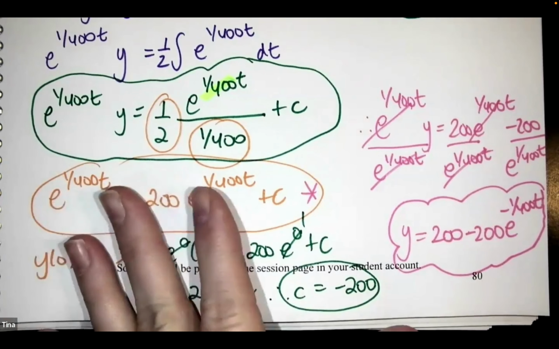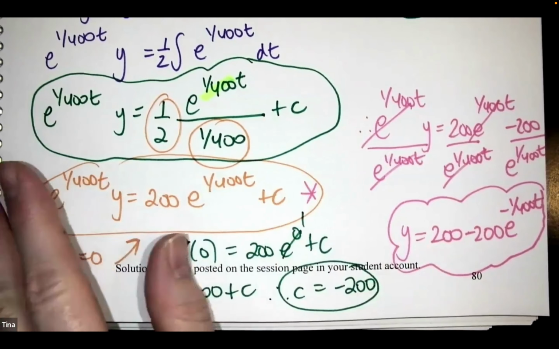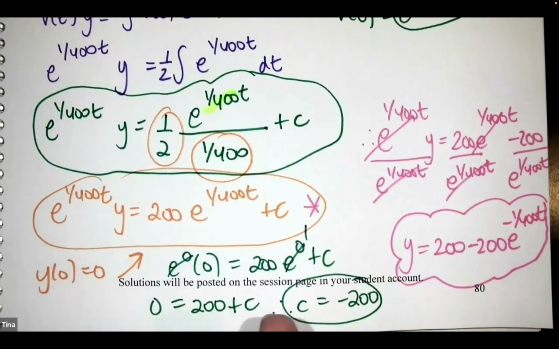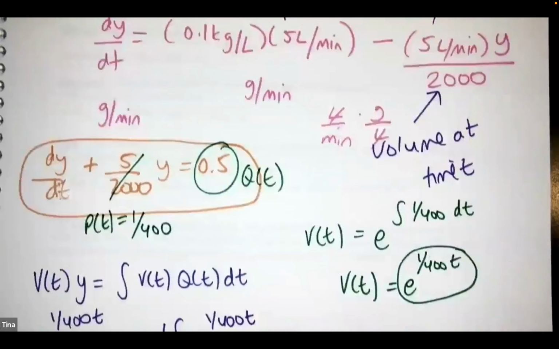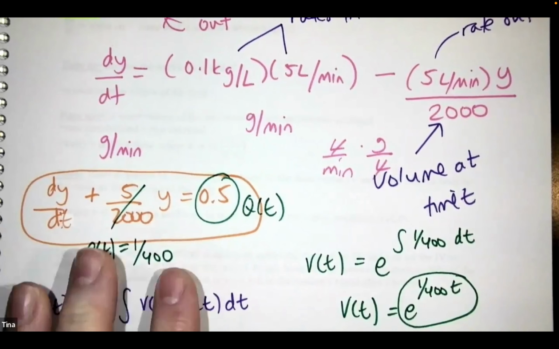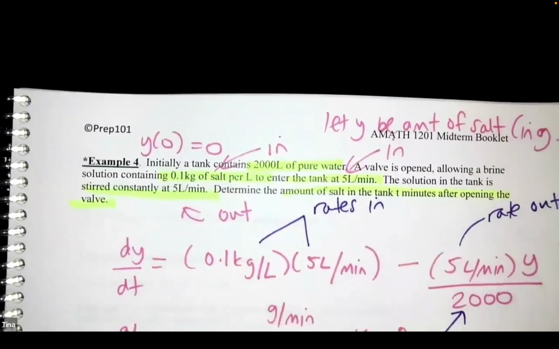Well, sometimes, Olivia, they'll make you do all of this, but sometimes they'll just say set it up. So it's a level of difficulty if they make you do it, but there are exams where they just say set it up, right? Then they're just looking for this equation and the initial condition, like y of 0 is 0.